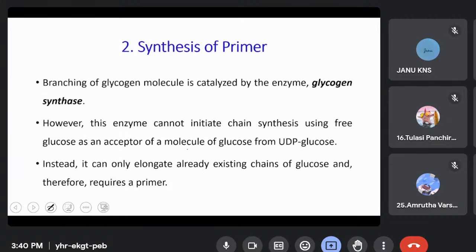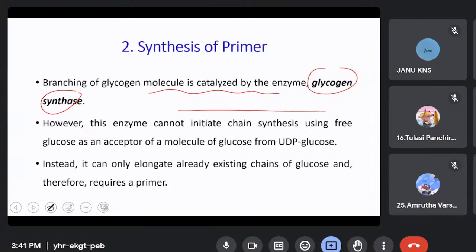So branching of the glycogen molecule is catalyzed by the enzyme glycogen synthase. You know that glycogen is not a linear molecule. It has a number of branches, isn't it? So this branching of the glycogen molecule is mediated by an enzyme called glycogen synthase.